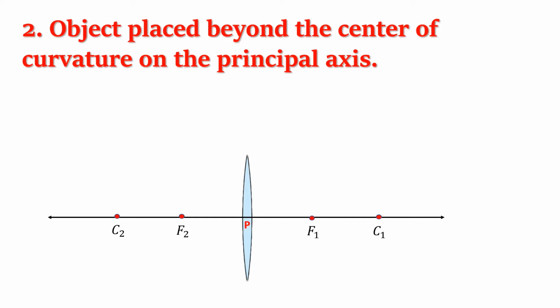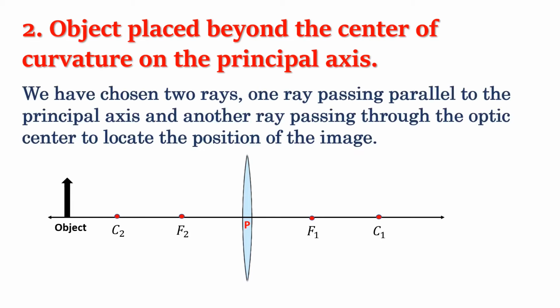Now in the second position, when the object is placed beyond the center of curvature on the principal axis, this is the object. We have that object on the principal axis beyond the center of curvature, that is C2. To draw the ray diagram, here we are taking two rays.